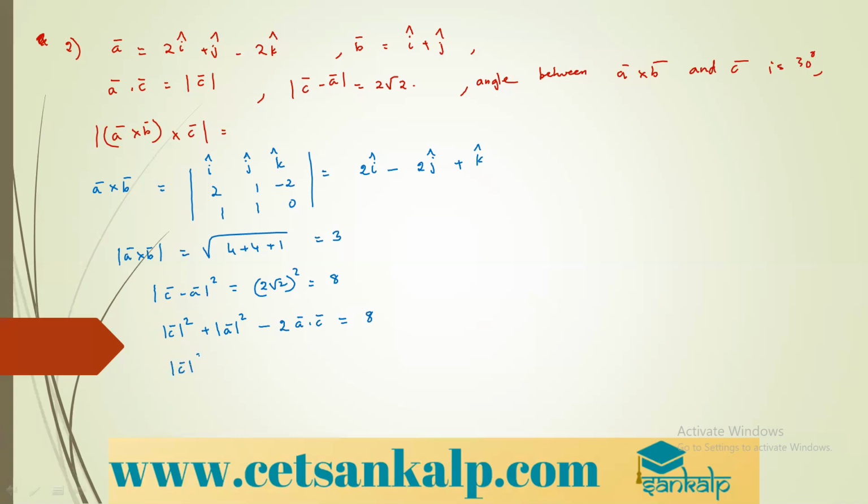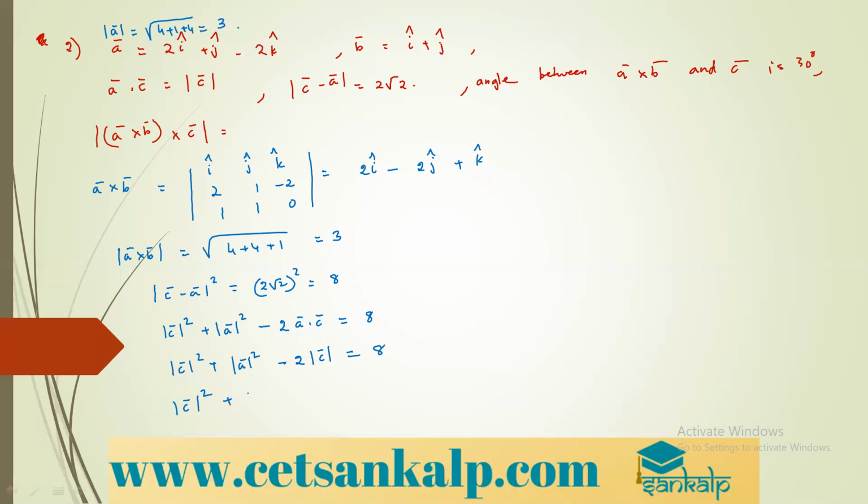Or magnitude of C square plus magnitude of A square, A dot C is given as magnitude of C, so 2 times magnitude of C is equal to 8. Then magnitude of A we can see from the question. Magnitude of A is square root of 4 plus 1 plus 4, square root of 9, that is 3.